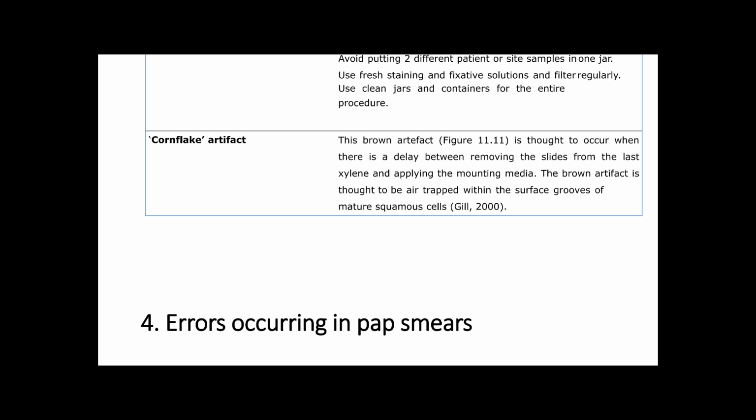Cells can lose nuclear detail and show cytoplasmic occultation if unstained smears are stored in a biohazard cabinet under UV light. So these are the problems. One is the insect, the other is storing under UV light.